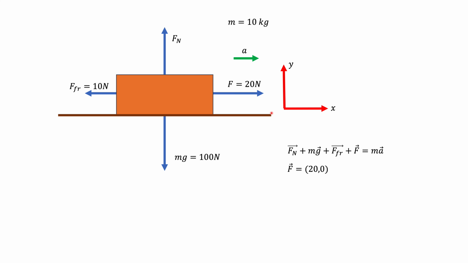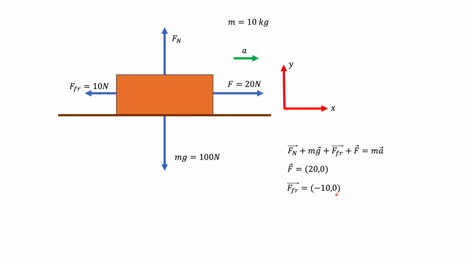It is plus 20 because it's in the positive direction of the x-axis. Friction force is 10 newtons in the left direction, and that is a negative direction of the x-axis. So the friction force will be minus 10 newtons horizontally and 0 vertically.